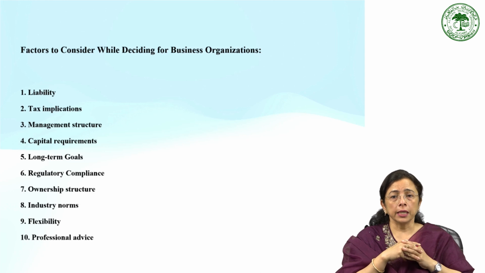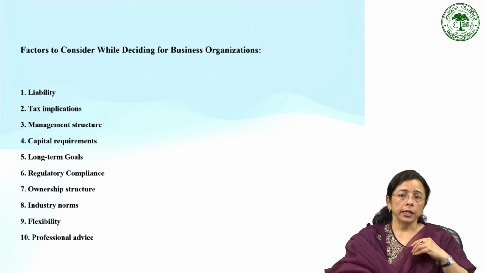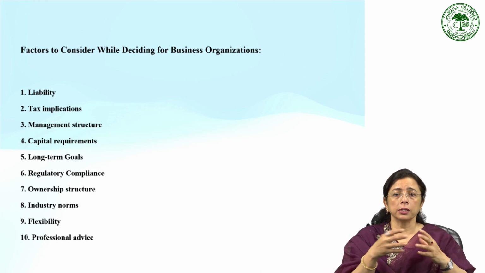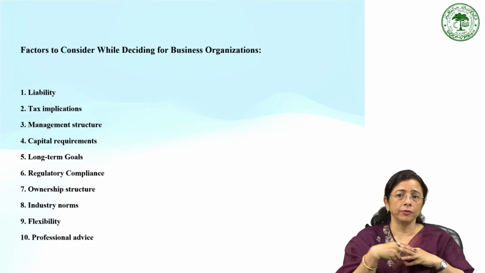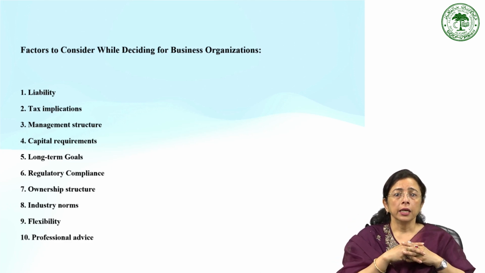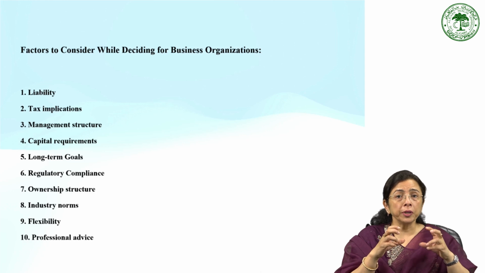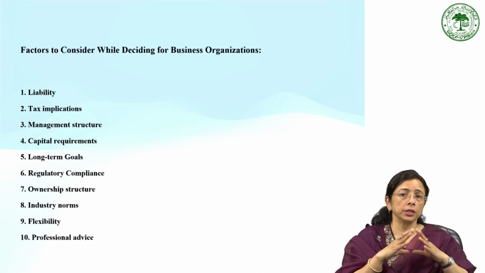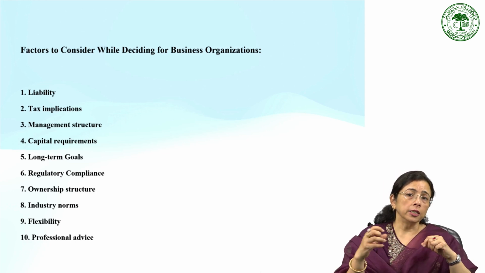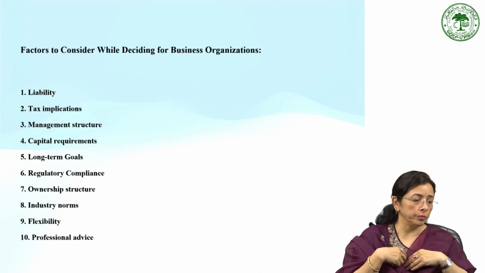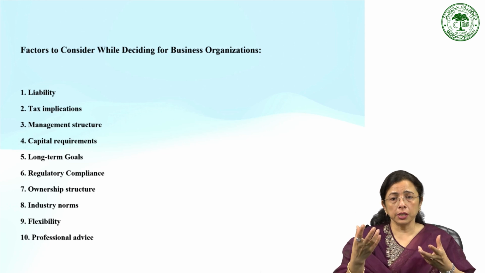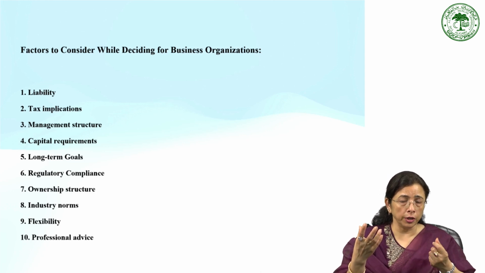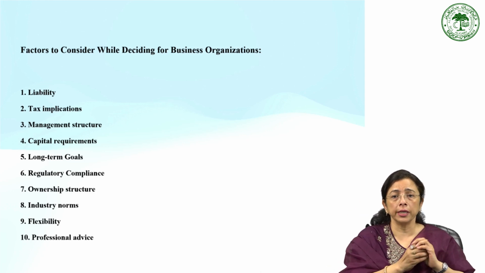Next is the industry norm. That is, we have to understand what is going on in the industry. We have to consider the most typical organizational structure in our sector. That is, what the nature of my business is, what kind of businesses they are already holding, what kind of structures they are already running.